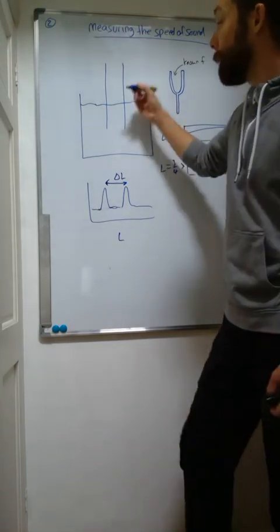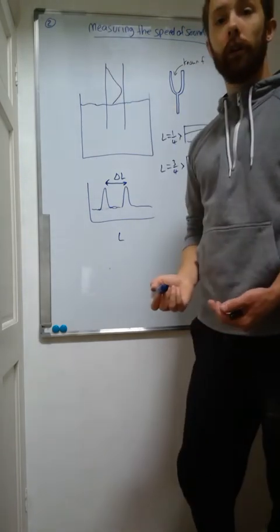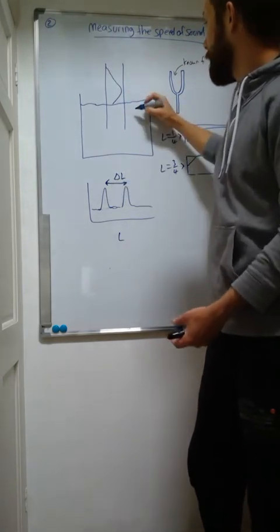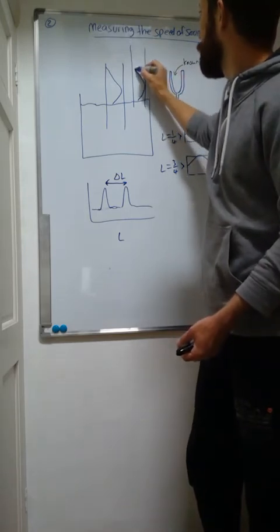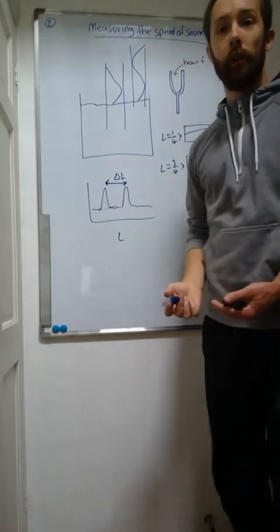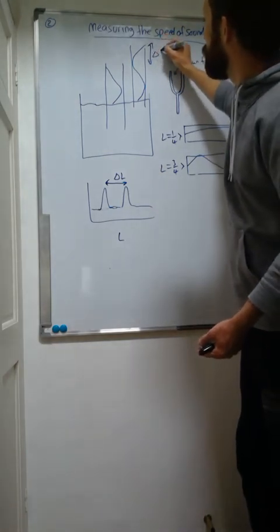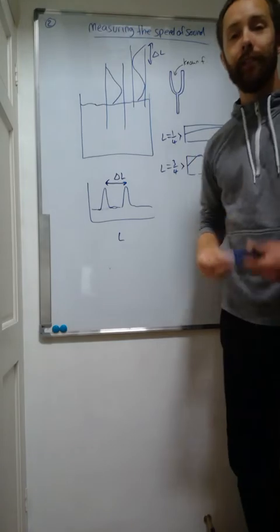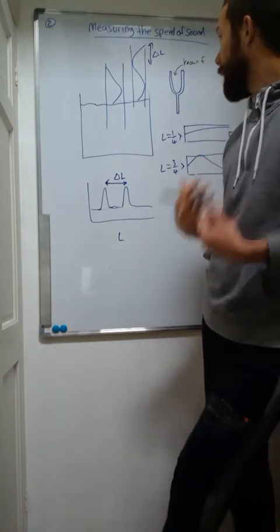It might be that I had the third harmonic, and then when I changed the length, I had the fifth harmonic. But the key thing is that the difference is equal to half of a wavelength, and we absolutely know that.